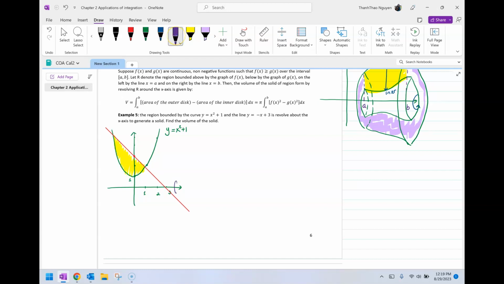We'll rotate this about the x-axis, so we get something that looks like this.